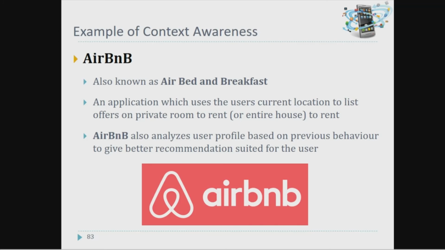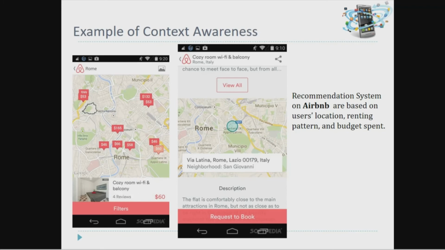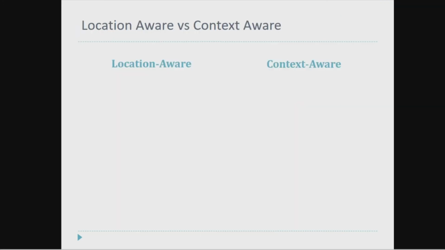So it will analyze your data, and based on the data, it will recommend something. The recommendation system on Airbnb is based on the user location, pattern, and budget spent by the user.